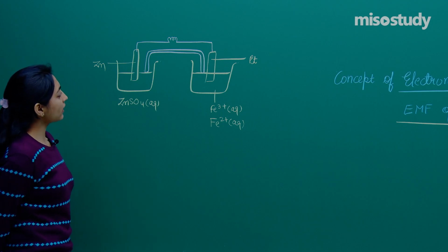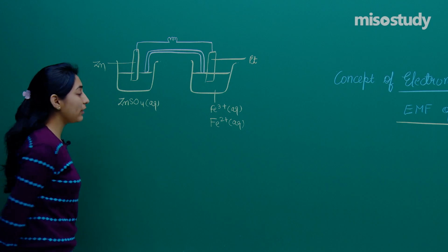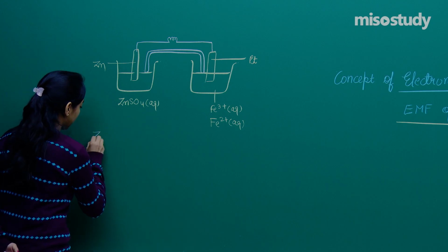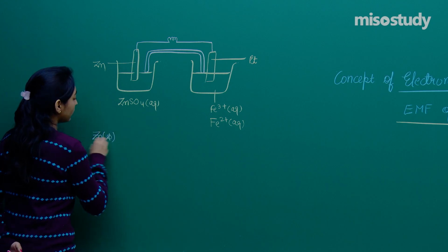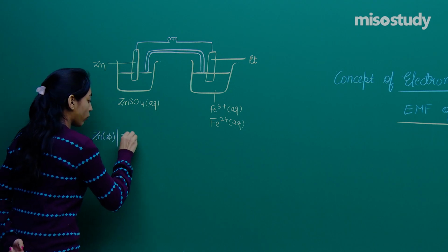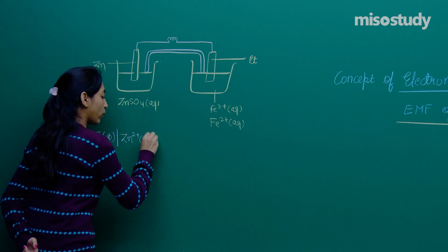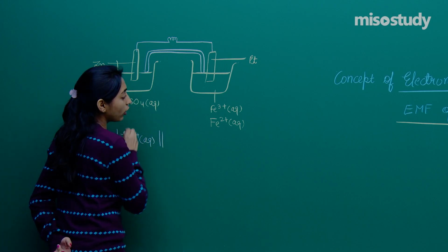So for this particular cell, the representation that you did was something like: zinc in the solid form is getting converted into Zn2+ aqueous. Then we meet a salt bridge.